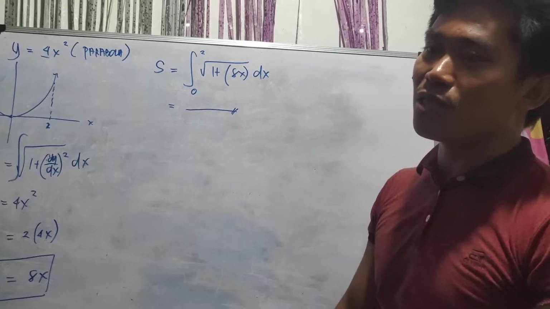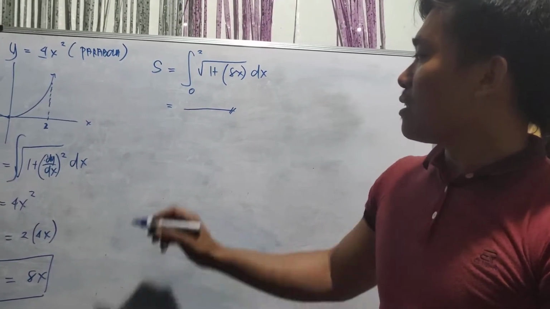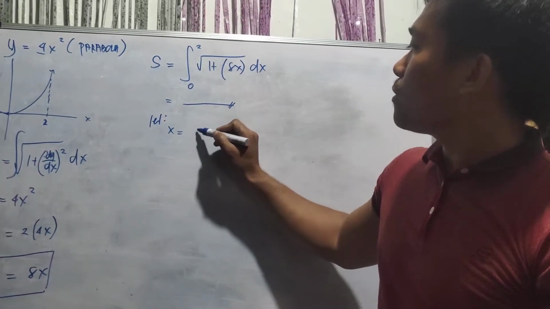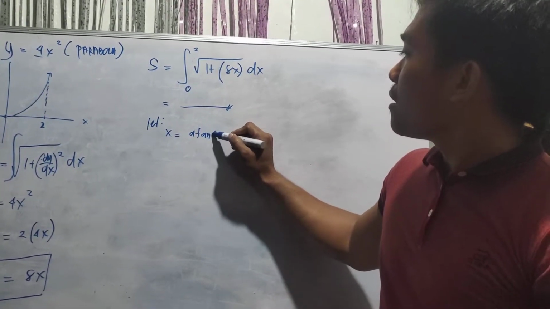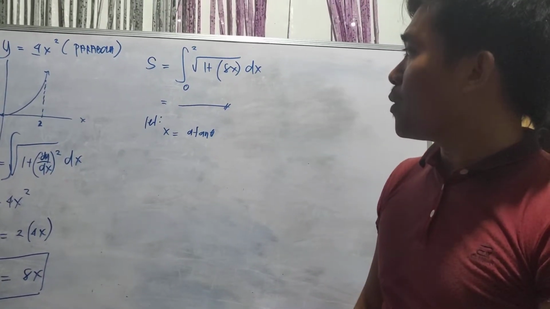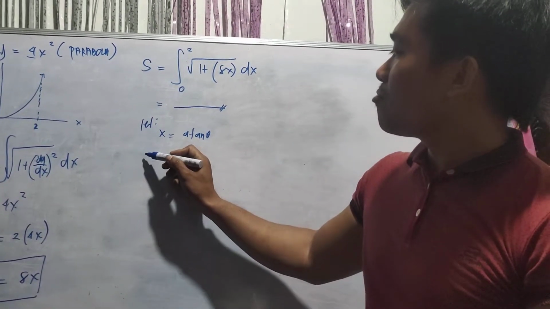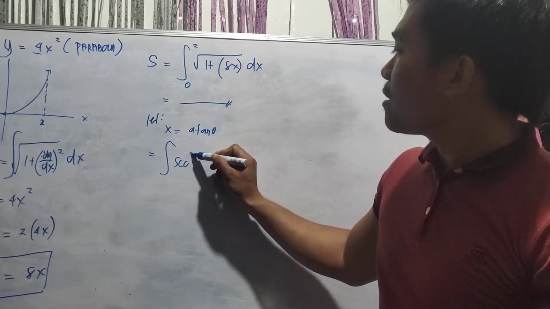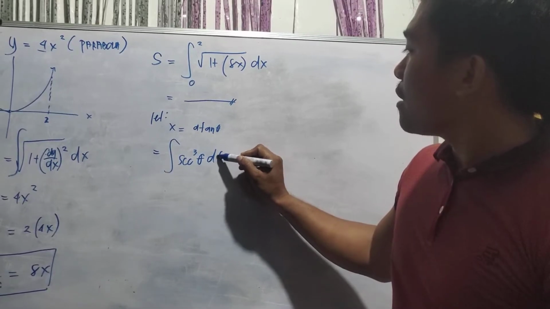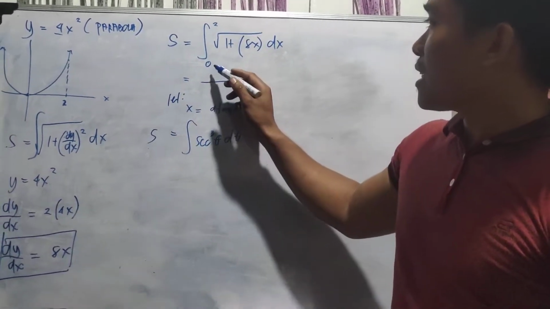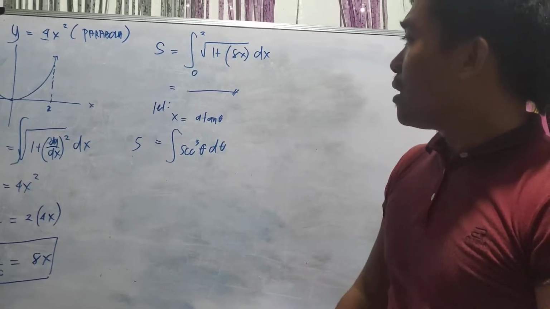Okay? Just to give you some techniques, you can use x is equal to a tangent theta. Laruin mo yan. And you'll end up with the integral of secant cube theta d theta. Yan yung magiging result niyan. Kung may limits ka naman, input mo na sa calcu.